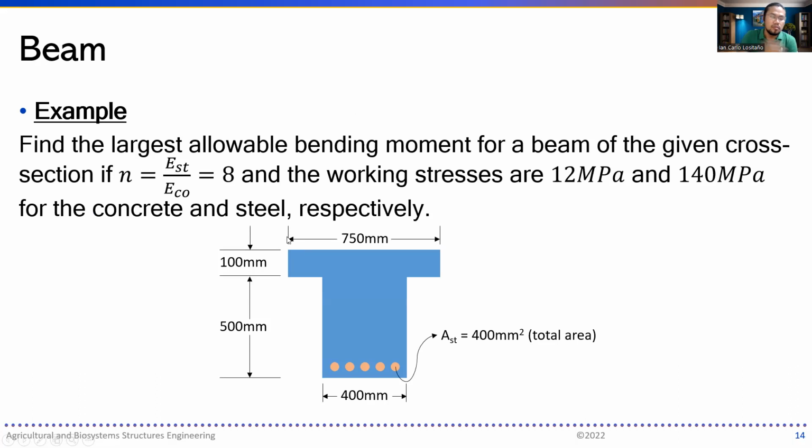This is an example. But instead of having a rectangular beam, we have a T-shaped reinforced concrete beam. Here what we must do is find the largest allowable bending moment for the beam.